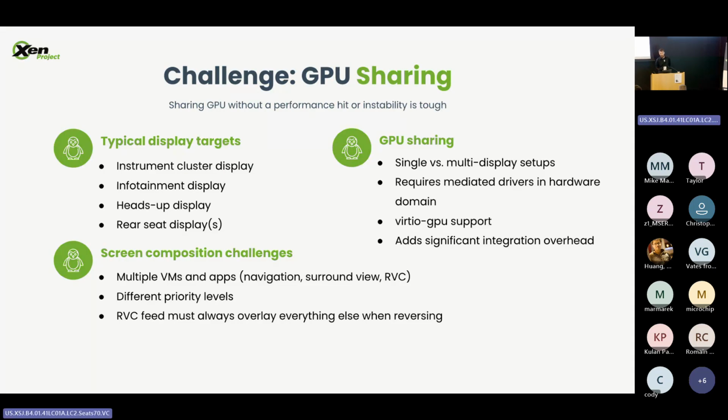So usually it comes to just GPU sharing. And GPU sharing is a very complex task, which cannot go without performance hit or instability. This is hard to do. So here, it turns out VirtIO GPU is one of the solutions. And there's a lot of work ongoing, both in QEMU and Xen, to support that.